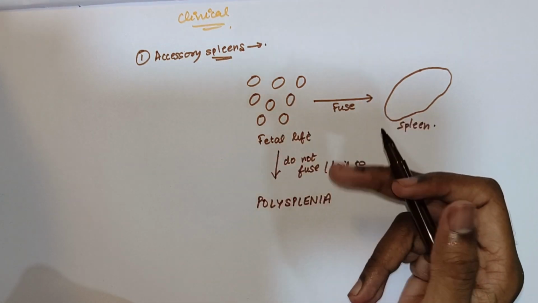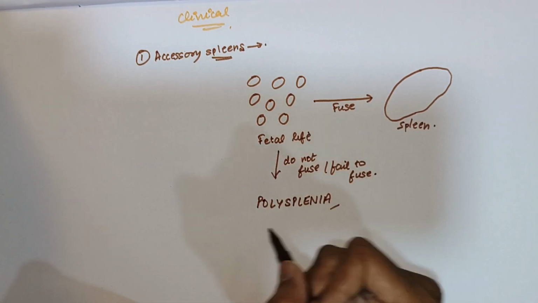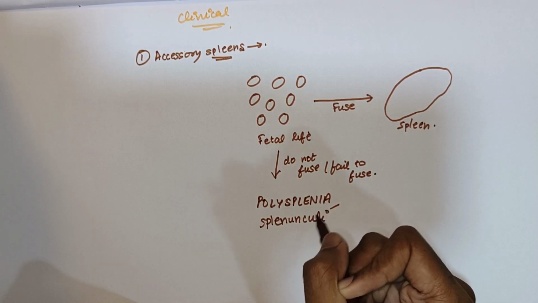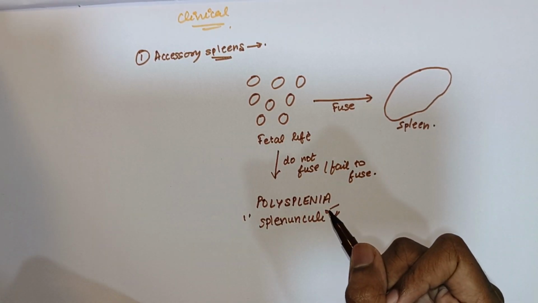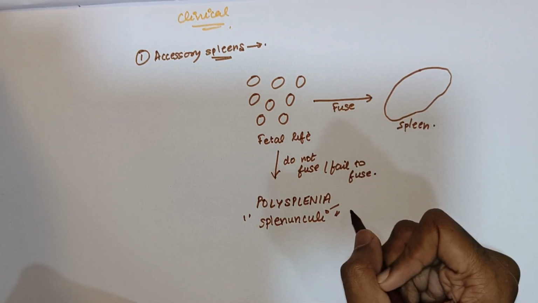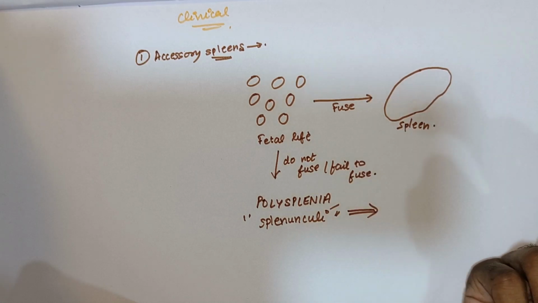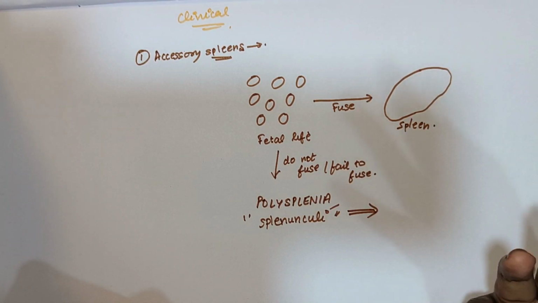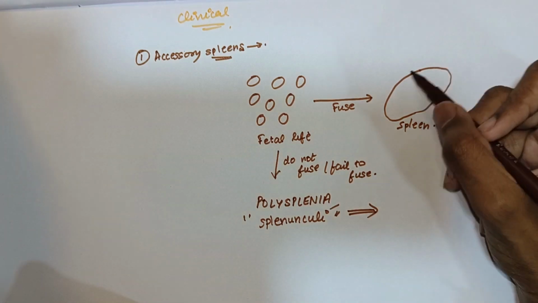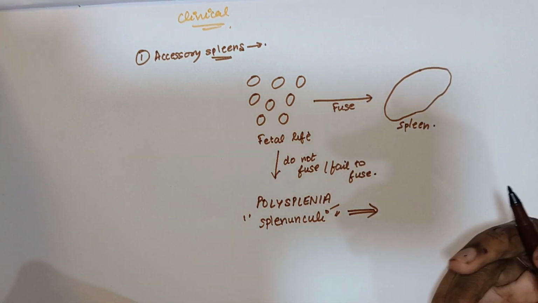And these individual mesenchymal condensations are known as splenunculi. Now, remember, these splenunculi, where do they lie? Since they are not fused, of course they will not lie in the left hypochondrium, just like the original spleen. So they lie somewhere.